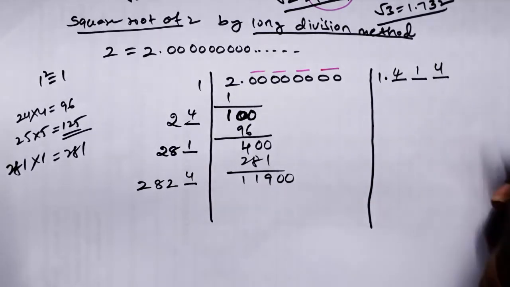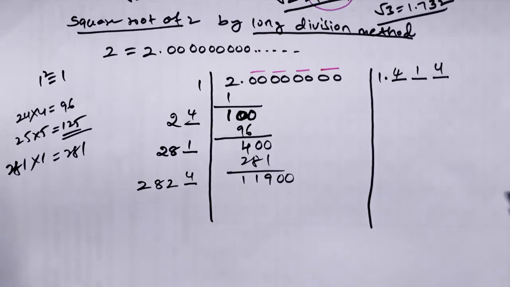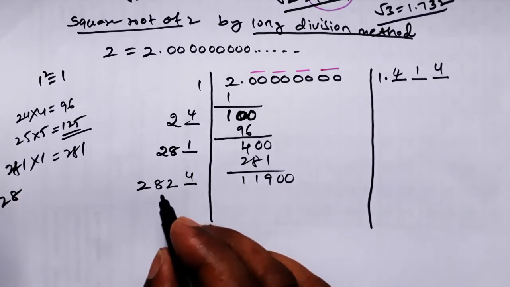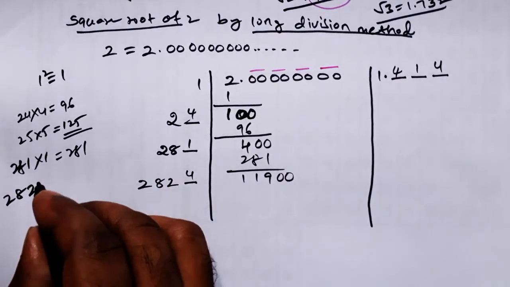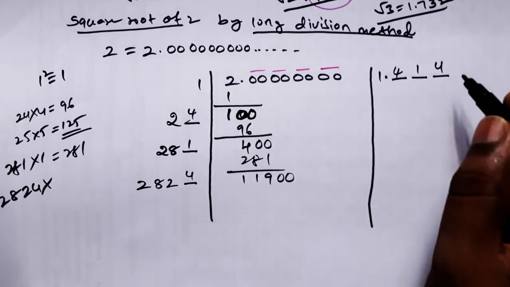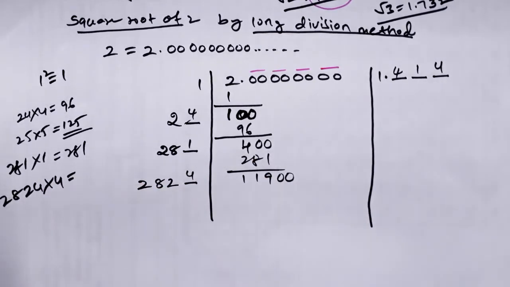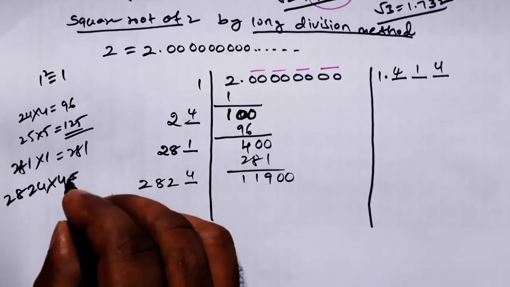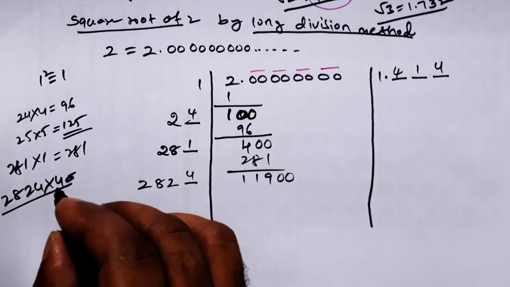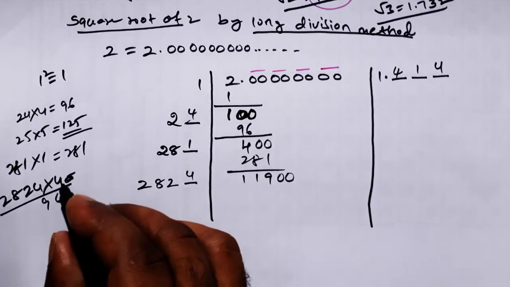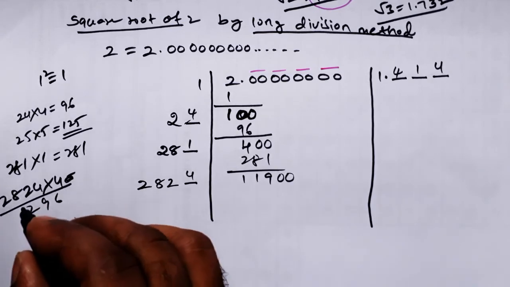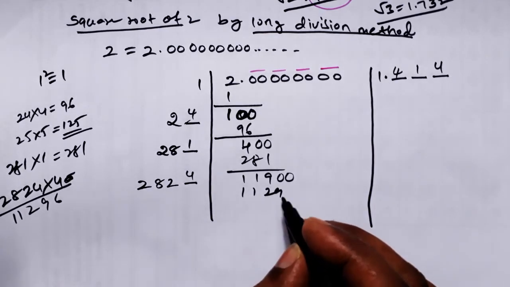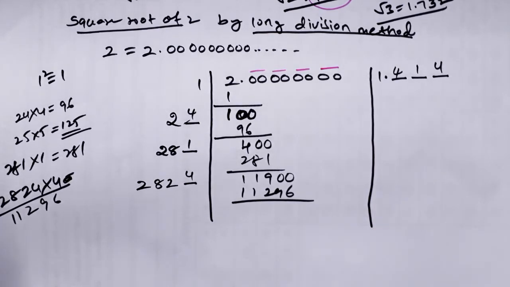Then multiply: 2824 into 4. 4 fours are 16, 4 twos are 8 plus 1 is 9, 4 eights are 32, 4 twos are 8 plus 3 is 11. So 11,296. Do the subtraction.